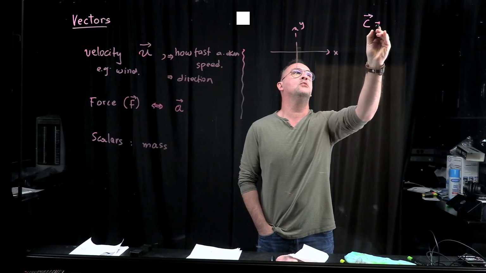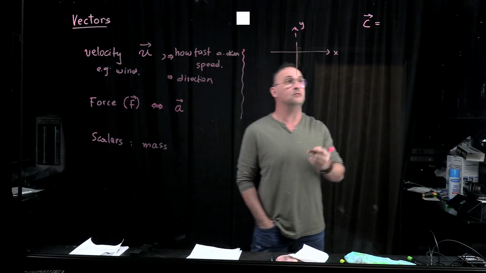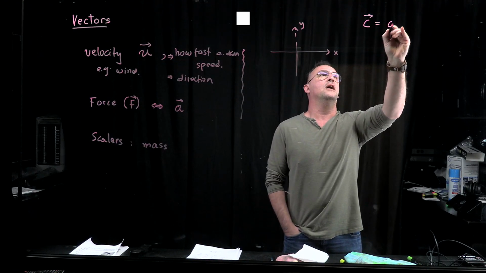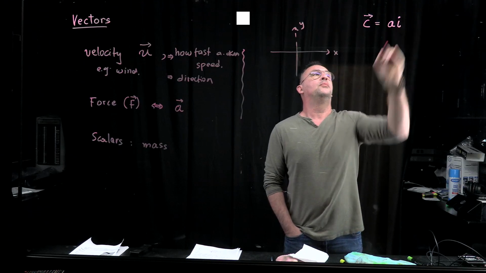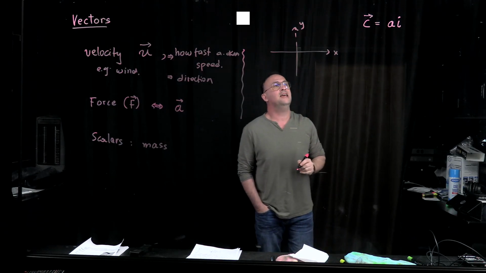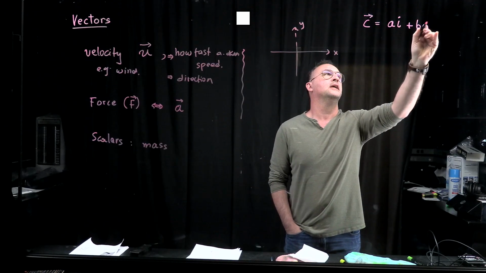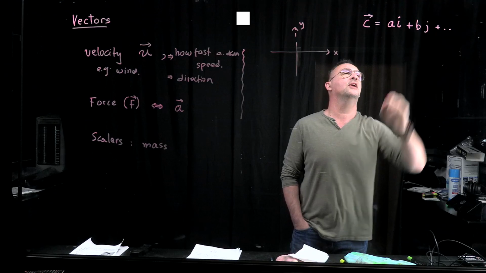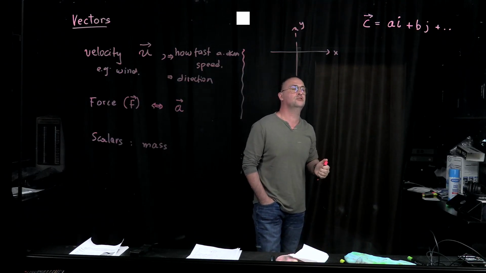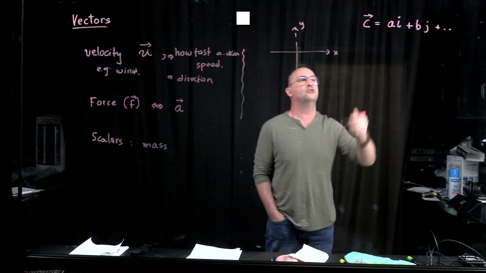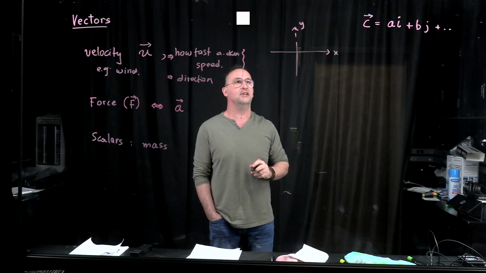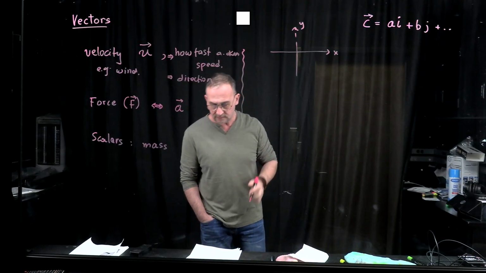Vector c equals, with no numbers, just parameterization, like a in the i direction and b in the j direction. Of course, we may have, for instance, a k direction and a 3-dimensional vector. In this particular case, it is a 2-dimensional vector. So what does this mean?